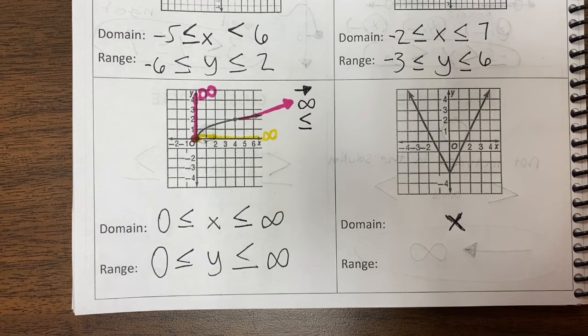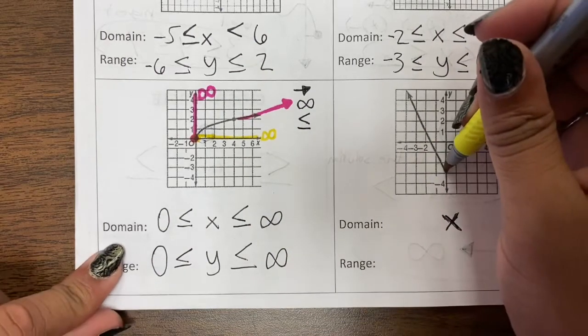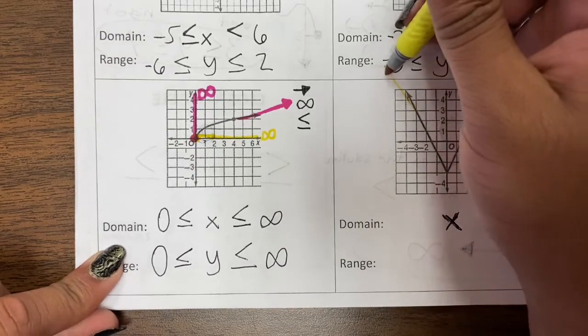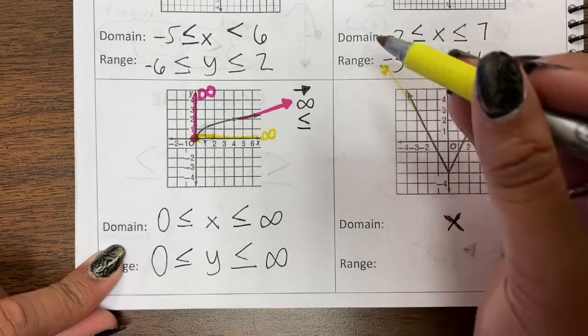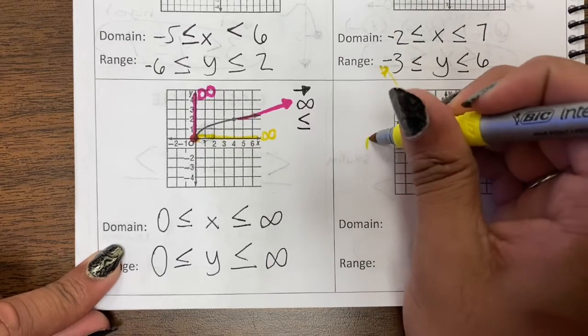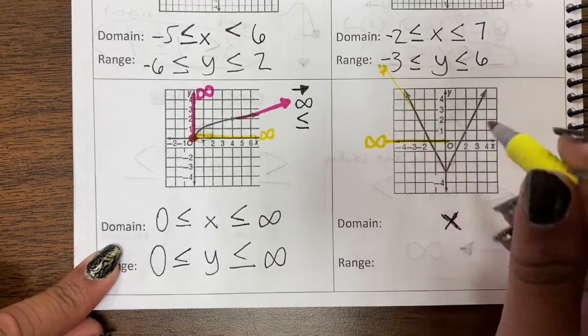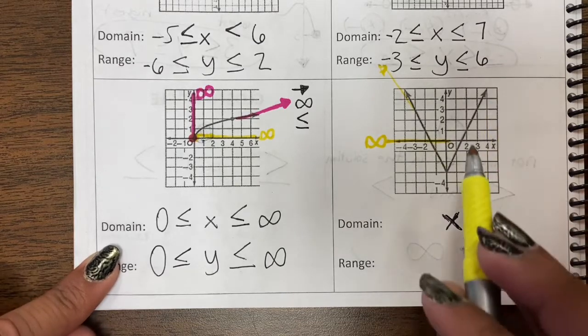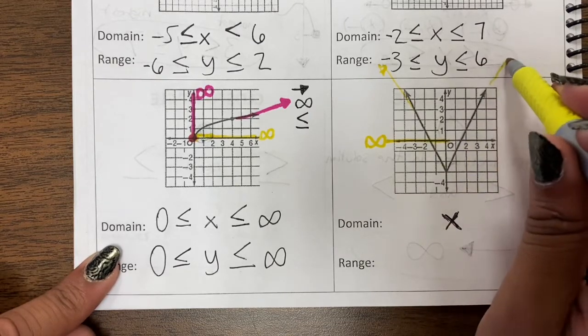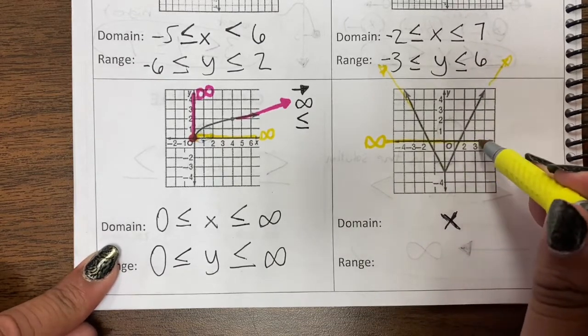Then we want to see how far left to how far right it's going to go. And we see that this is continuing up and left forever. So the point is going to go until infinity as the lowest point. And it's doing the same thing on the right side. So it's going to continue going up and right forever.